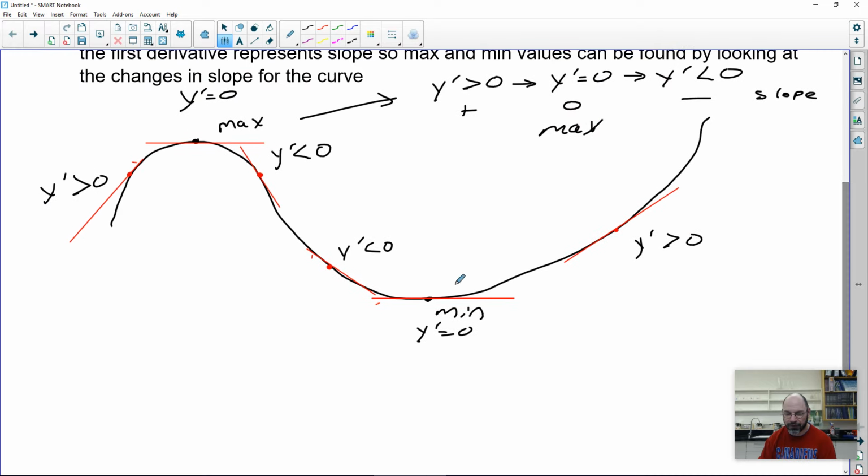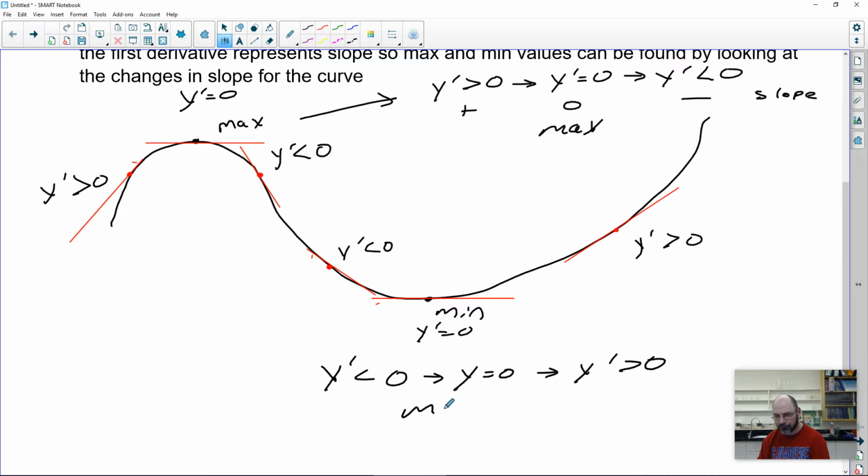All right, so here, if I go from y prime is less than 0 to y prime equals 0 to y prime is greater than 0, we have a min value.